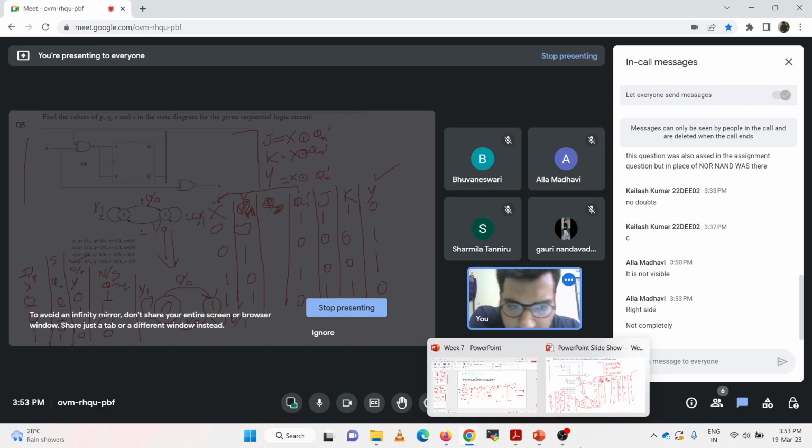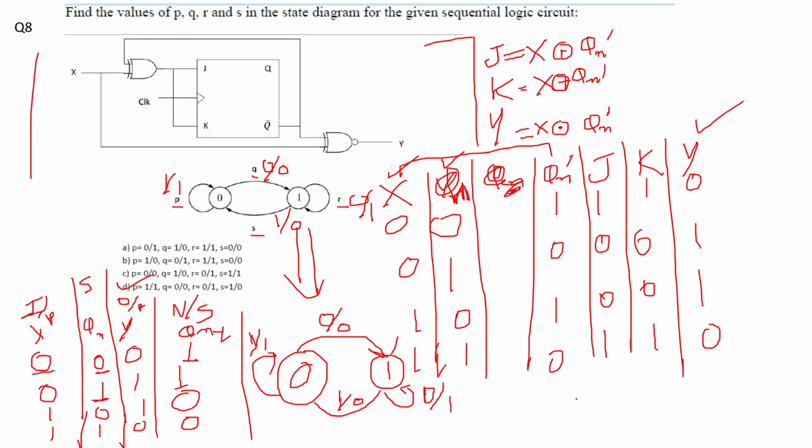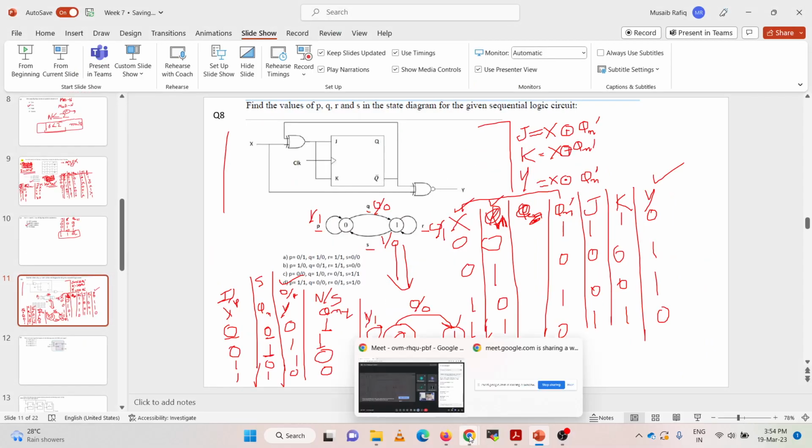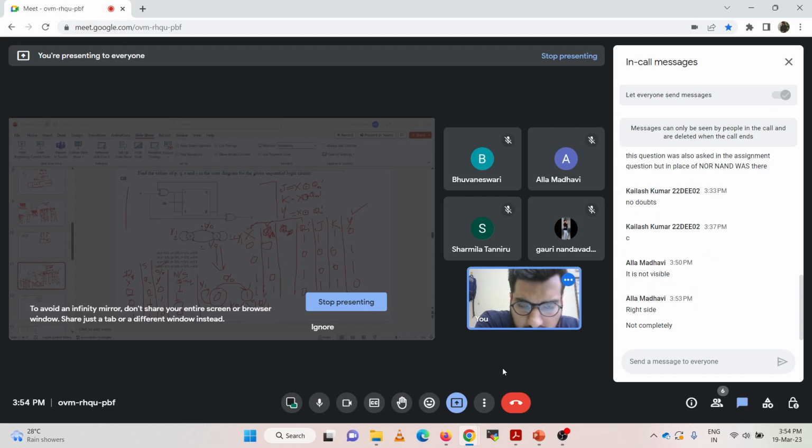So let me check what is not visible. Right side. Is it visible now? It is showing me it's visible, but I don't know. Is any of you facing this same problem? Can someone confirm?